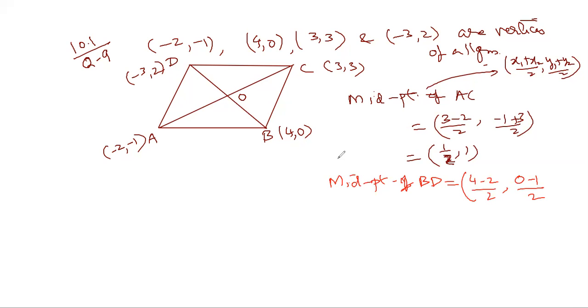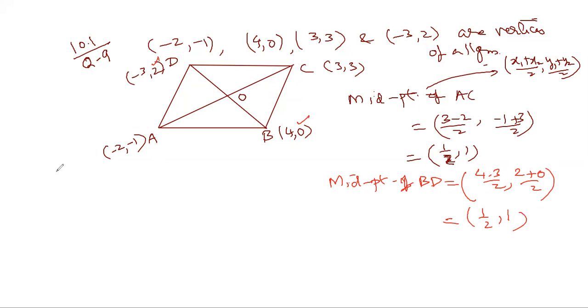Sorry, this is minus 3. D is 2 and minus 3. So B and D, 4 and minus 3. So 4 minus 3 by 2, and the y coordinates of B and D are 2 and 0. So 2 plus 0 by 2. 4 minus 3, 1 by 2, 2 by 2, 1.